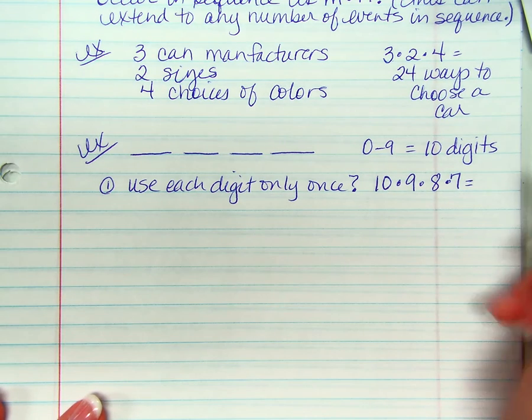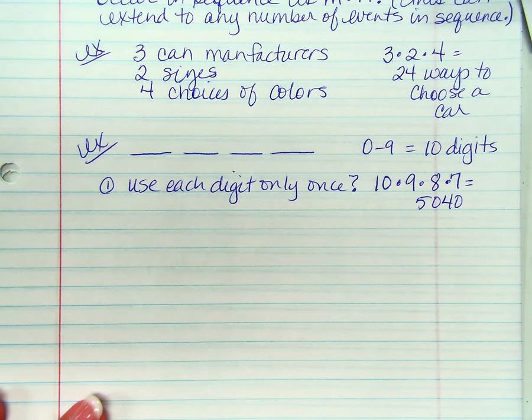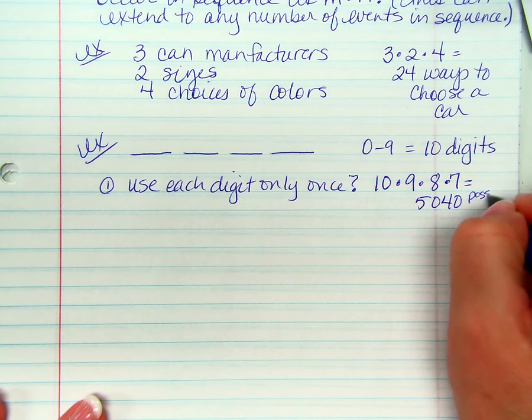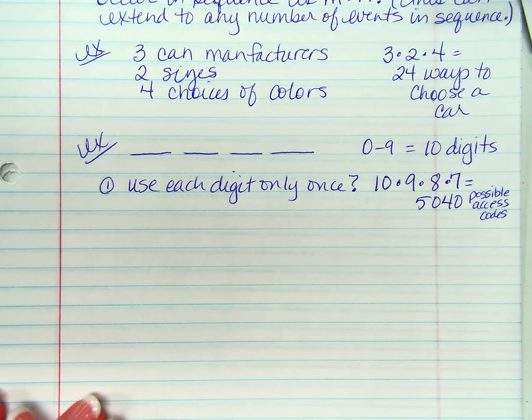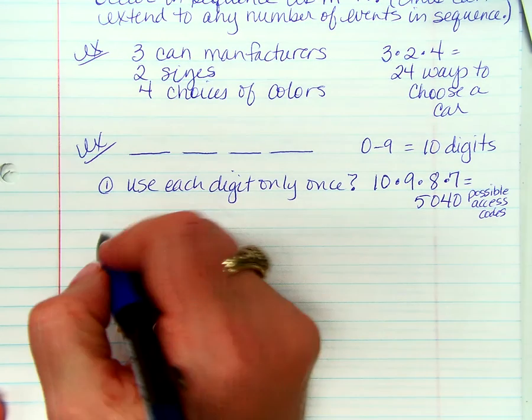Don't you know that off the top of your head? Of course you do. 5,040. 5,040 what? Possible access codes, right? That's a lot, right? Okay.